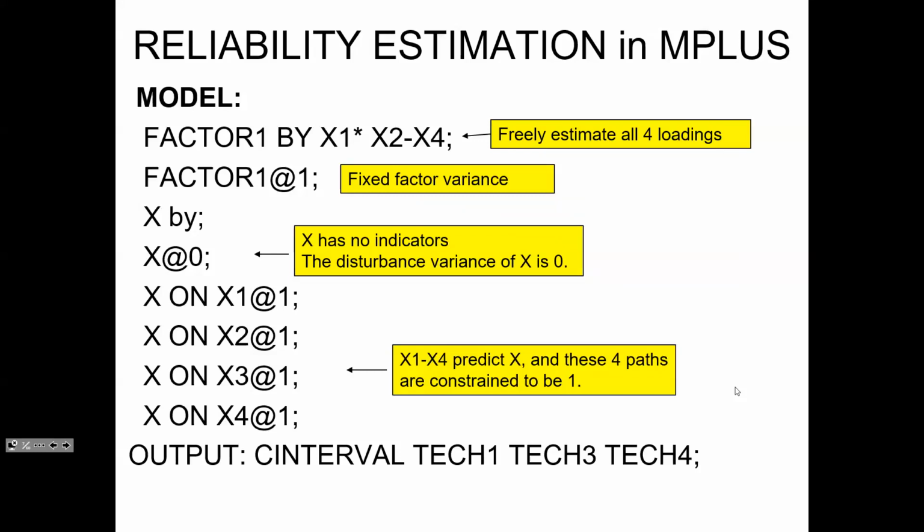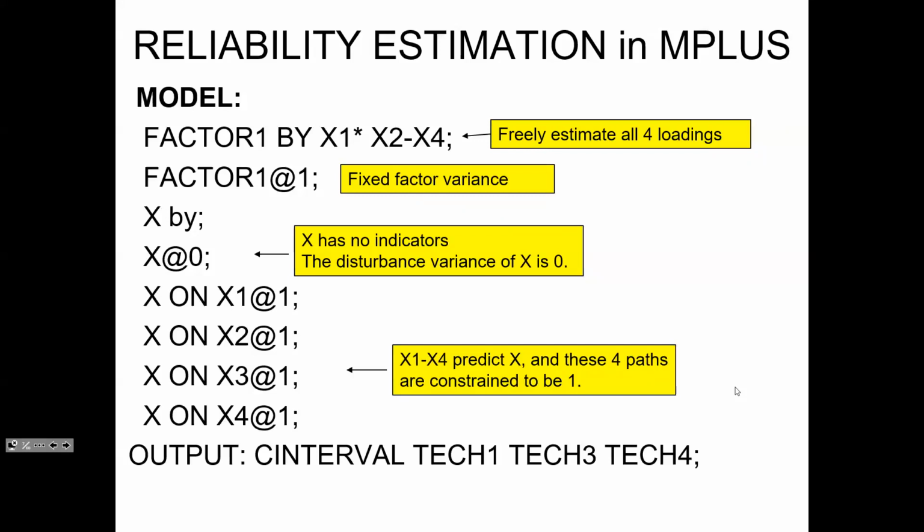And now x is going to be my phantom variable. So here I say x by semicolon. Basically that's saying I have a latent variable x, because x by means it's measured by, but it's measured by nothing, because it's not your traditional latent variable.